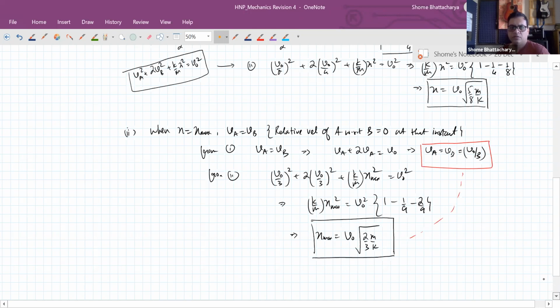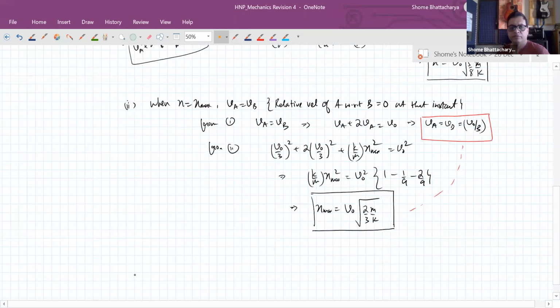Okay, now for the third part, how will we find the final velocities when the spring disengages again? So when A finally loses contact with the spring, X will become 0.